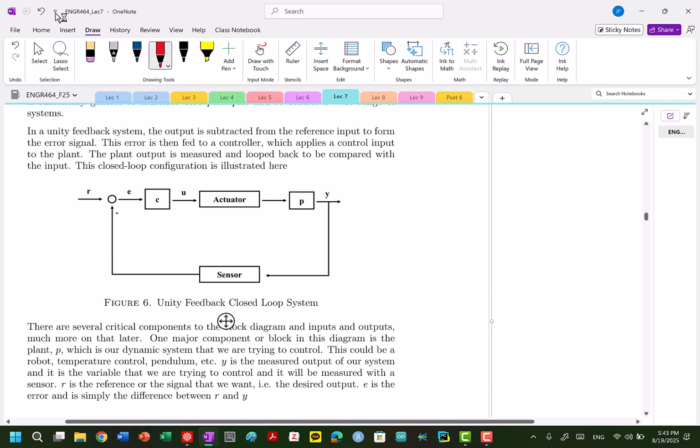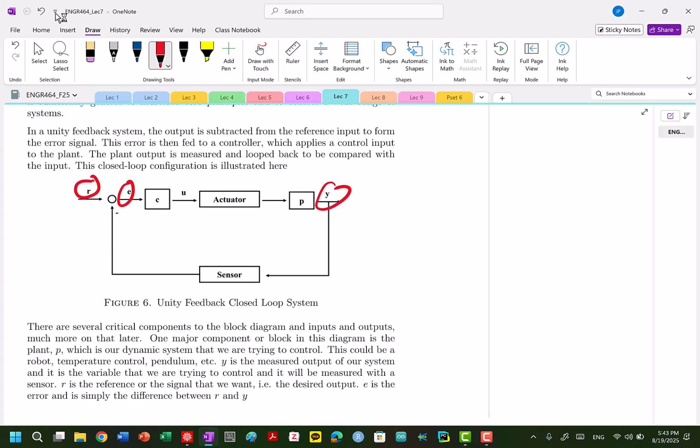So this is essentially our system. R is our reference, that's our reference signal. We're going to say what everything is first, and then we'll connect them and see what's happening. E is our error in our system.